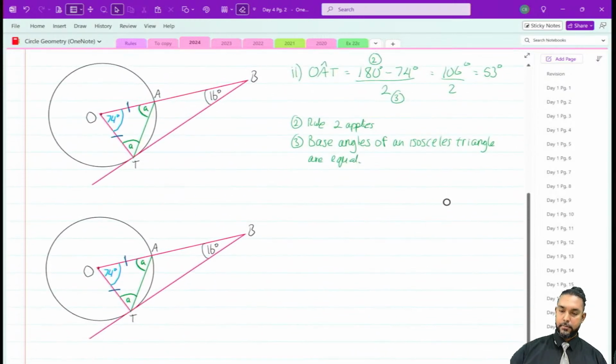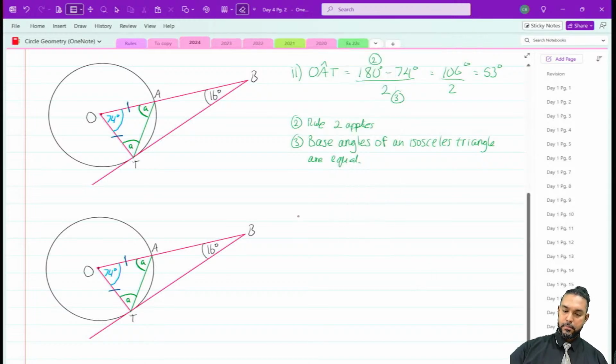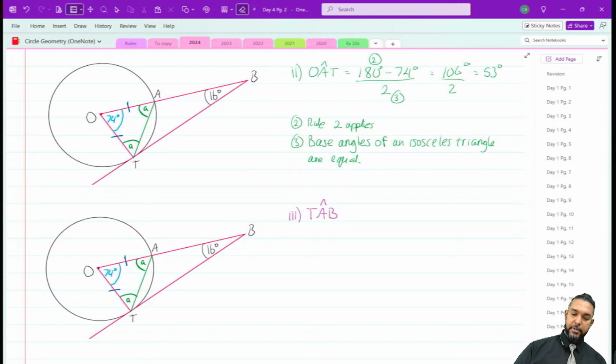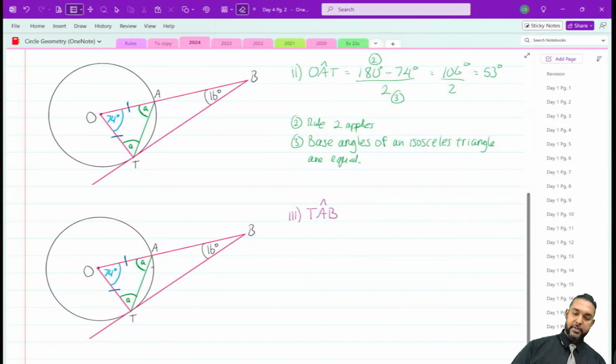Okay, cool. So TAB will be this angle here.